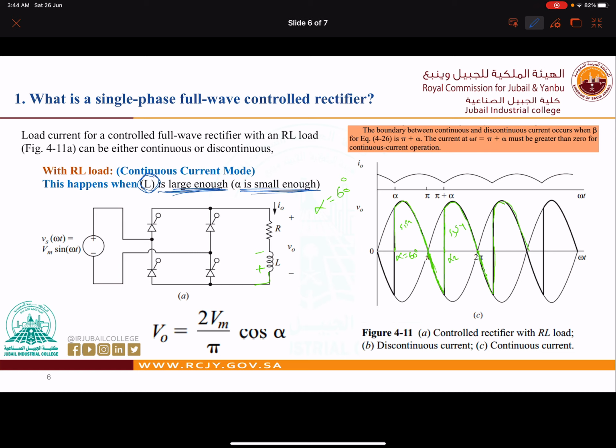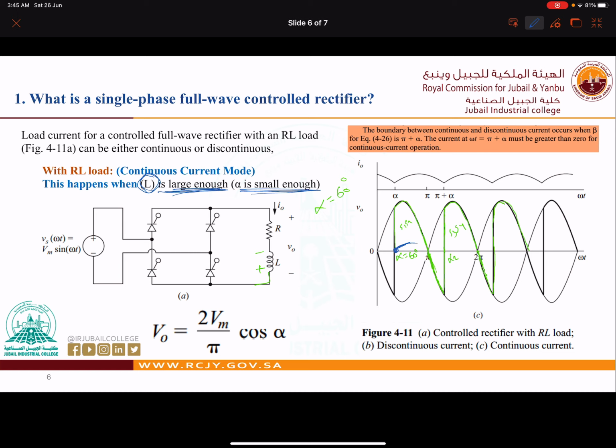Now, this is the start at alpha. So we will have current, right? Of course, we will have current from here. It will charge the current through the inductive load. But now, is it going to stop here? No. It will not stop at pi. It will stop at what, Shabab? At here, at the new beta.